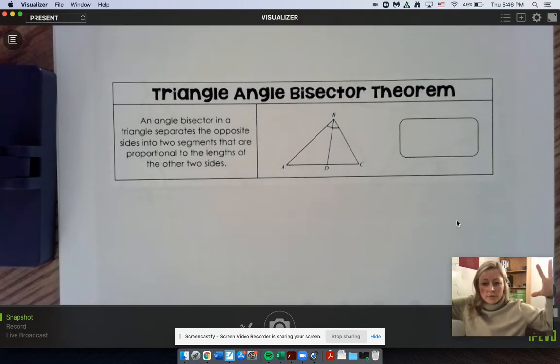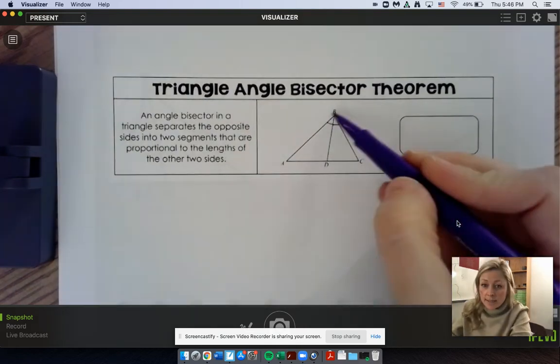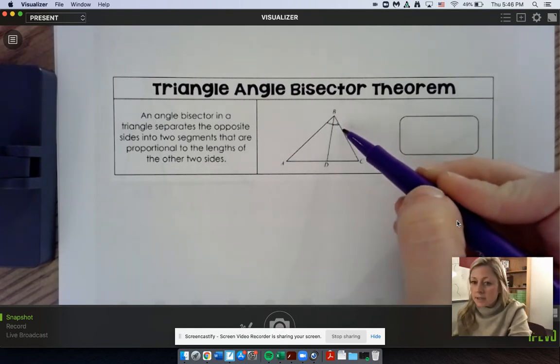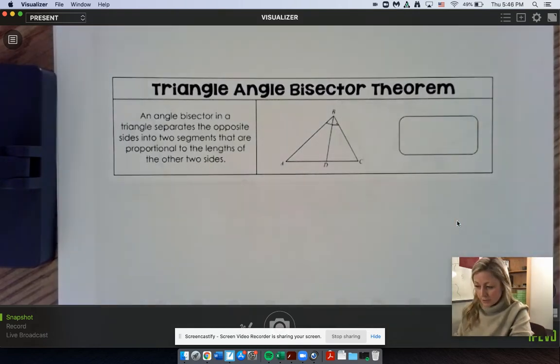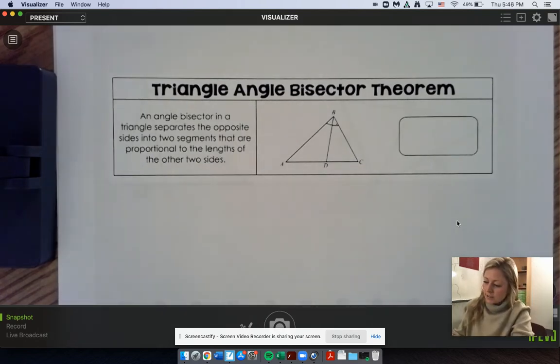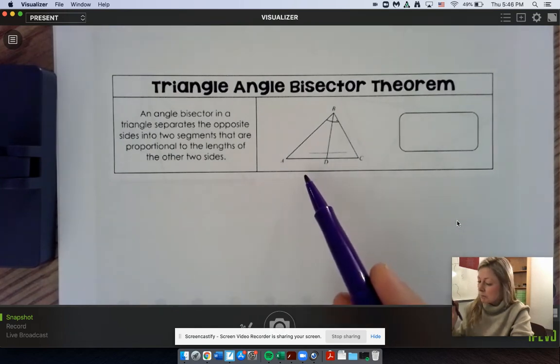So instead of having two different triangles being similar and writing a proportion about them, this is happening in one triangle. So we only have one triangle here. This is an angle bisector, right? Because I'm cutting this angle up here in half. And when this happens, it creates a proportion between the two sides and then how we split the side that it connects. Bear with me.